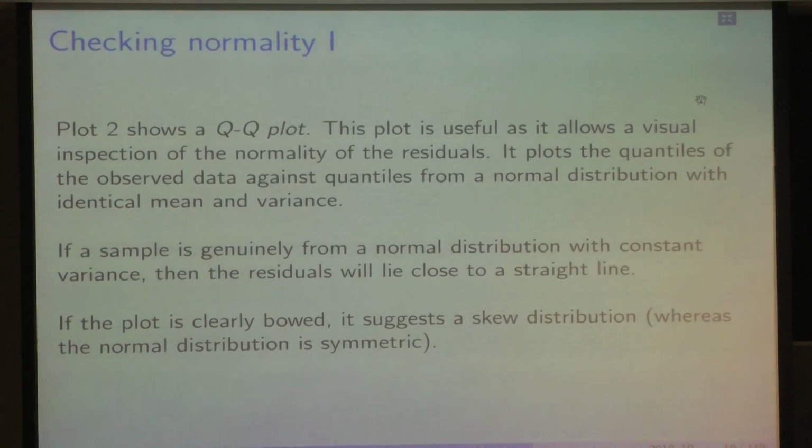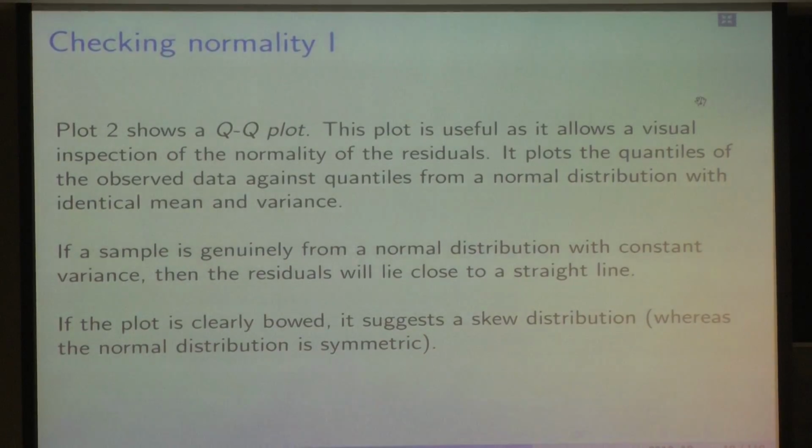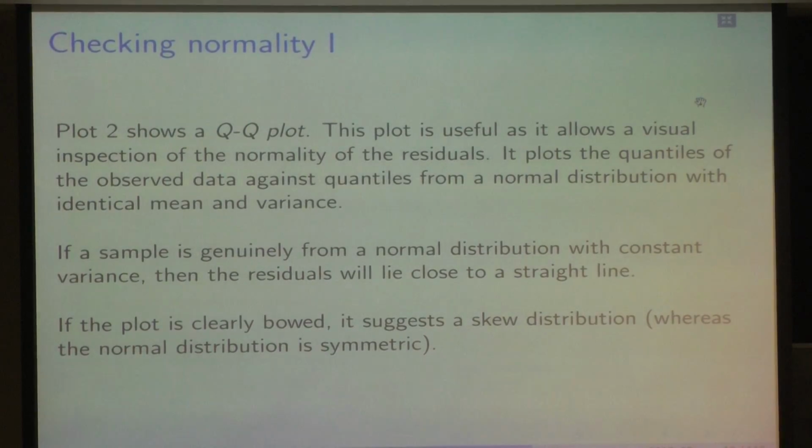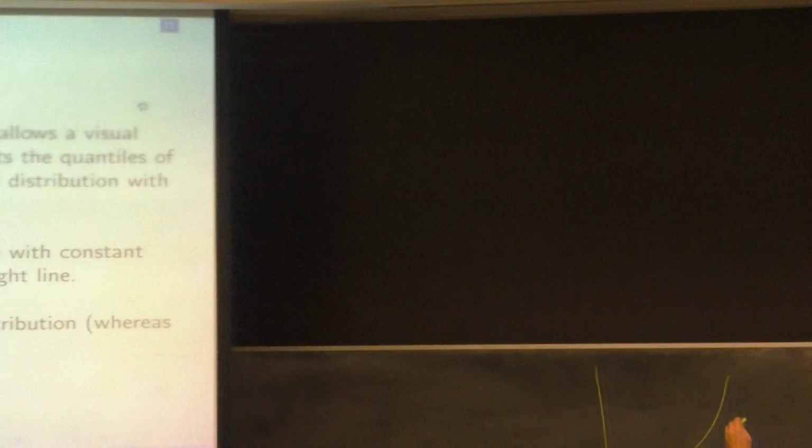If your QQ plot looks something like that, which suggests that the residuals are getting too high at the top end for the normal distribution, but at the bottom end are not actually going far enough for a normal distribution, then that suggests that you have a skew distribution of the residuals.